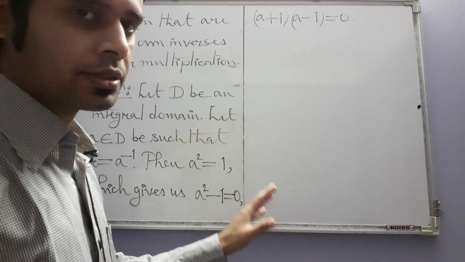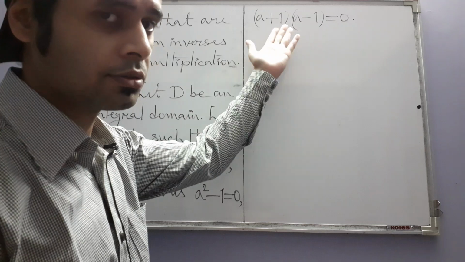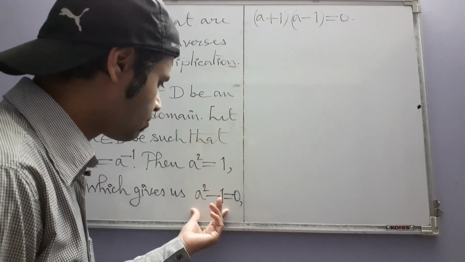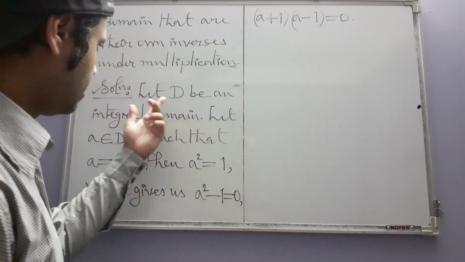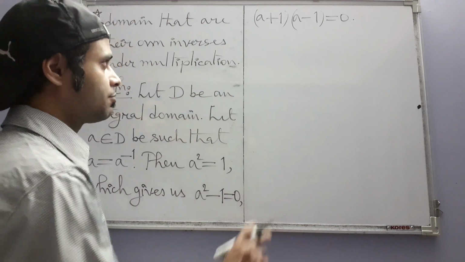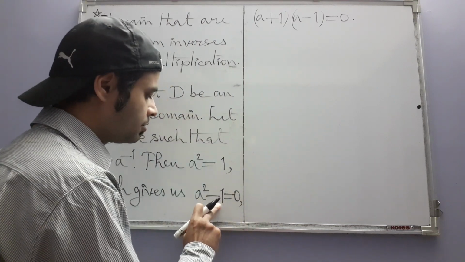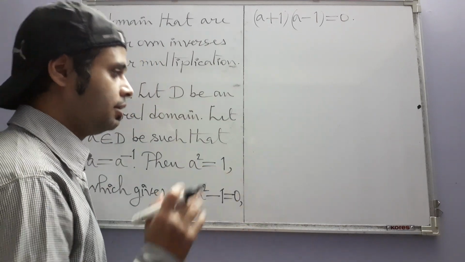In this factorization, or in fact in multiplying the things out that you see here and getting A square minus 1, in general it depends on the fact that an integral domain is commutative. In this case, of course, since we have 1 though, we need not really care about commutativity, but I am saying in general.